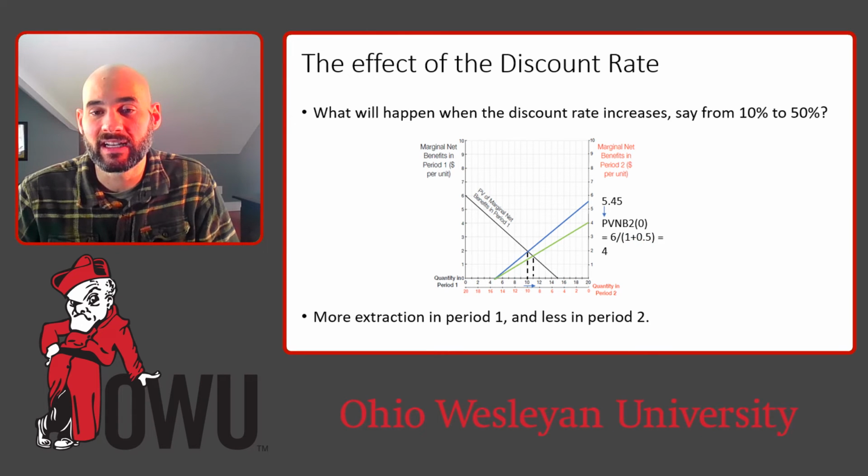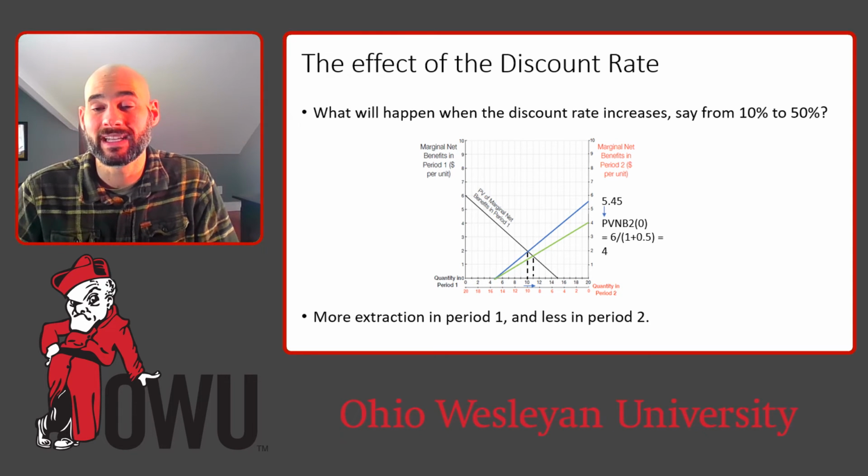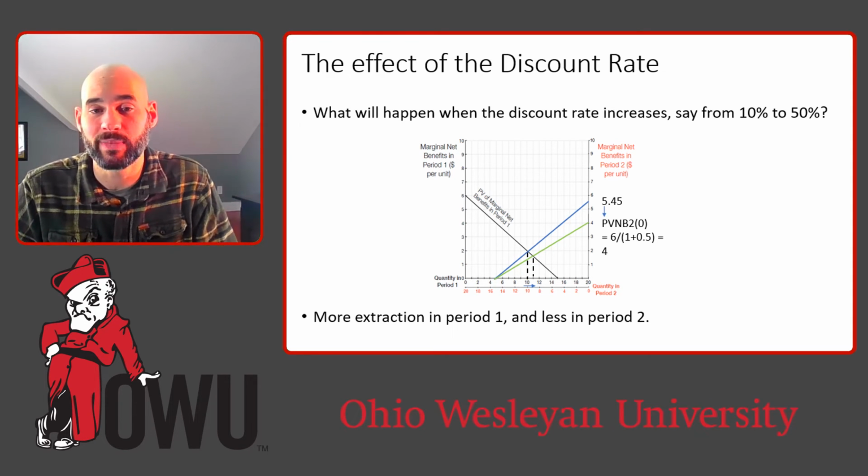And so our y-intercept shifts from 6 in period 1 down to 4 in period 2. And because the slope of that curve is also getting flatter and the y-intercept is shifted down, the intersection of these two curves is going to shift even further to the right. And so now we're consuming even more in period 1 and even less in period 2.